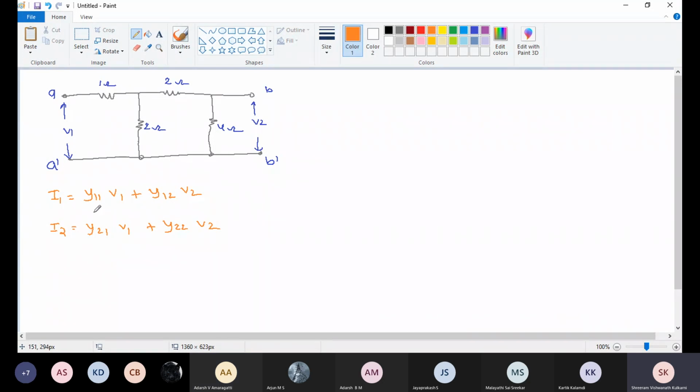While solving, we use the KVL method for meshes and KCL for solving Y parameters. For that, let V2 equal 0.